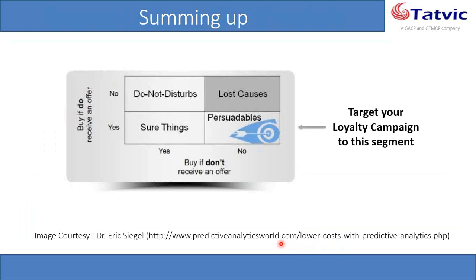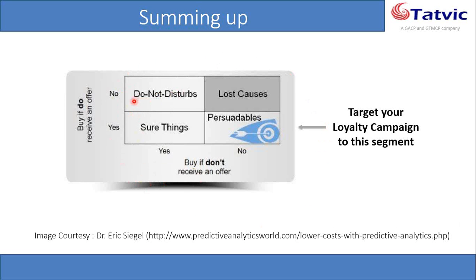And so this leads us to this matrix by Dr. Eric Siegel. Dr. Eric Siegel is an author of a very famous book on predictive analytics, and he is a very successful practitioner, been in this field for quite a long time, and he has summed this particular effect very well in one of his blog posts.